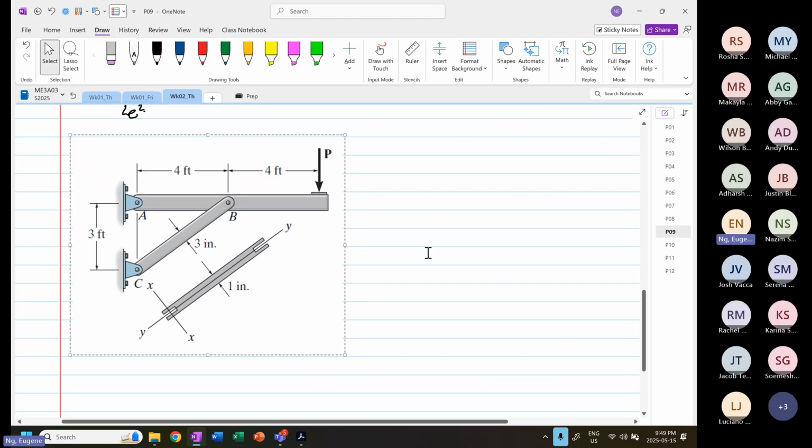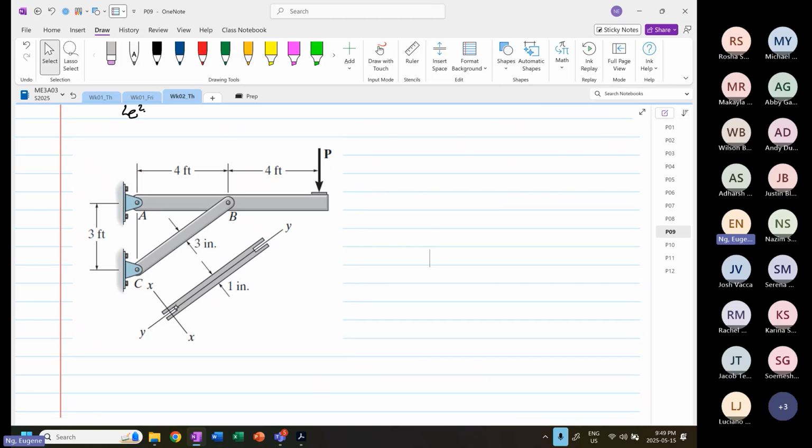If this is the X, coming out over here, the dot is our X. This will be our Y. And using the right hand rule, this is our Z.